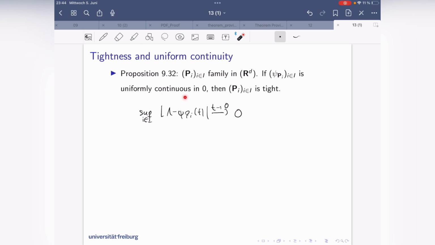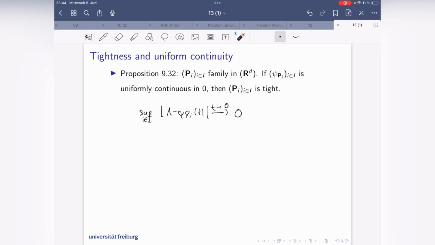That's exactly what this means at 0. And the 1 minus applies to all, so that doesn't change the uniform continuity. And as t goes to 0, psi of 0 for all these characteristic functions is an expectation of 1, which is 1, and 1 minus 1 is 0, so that converges to 0.